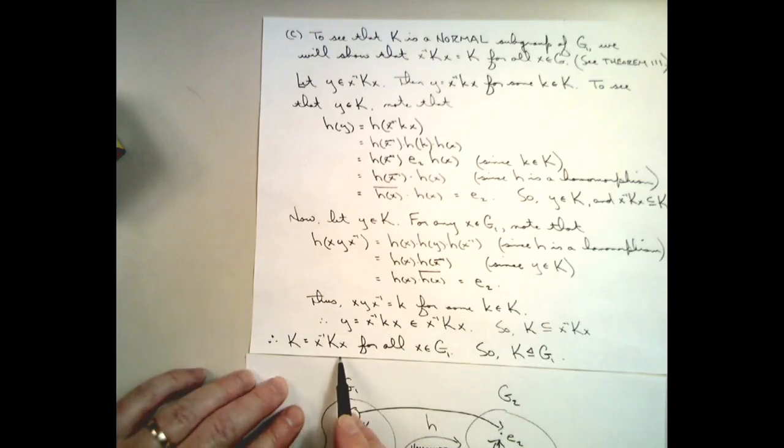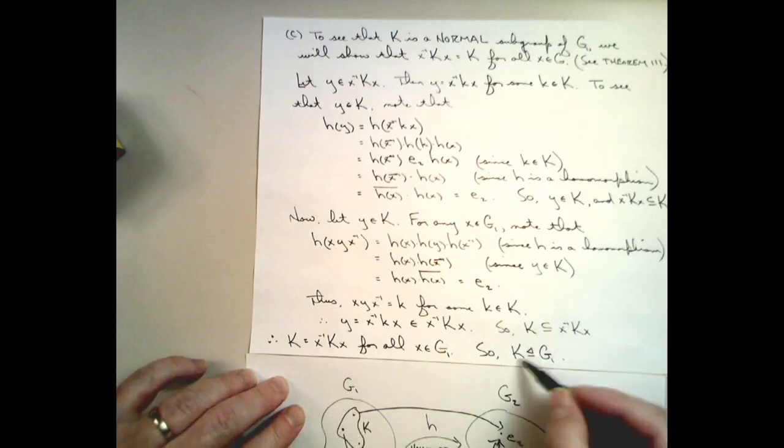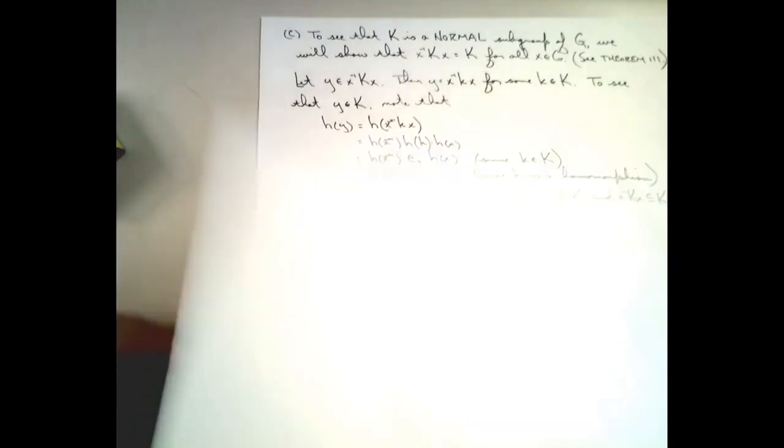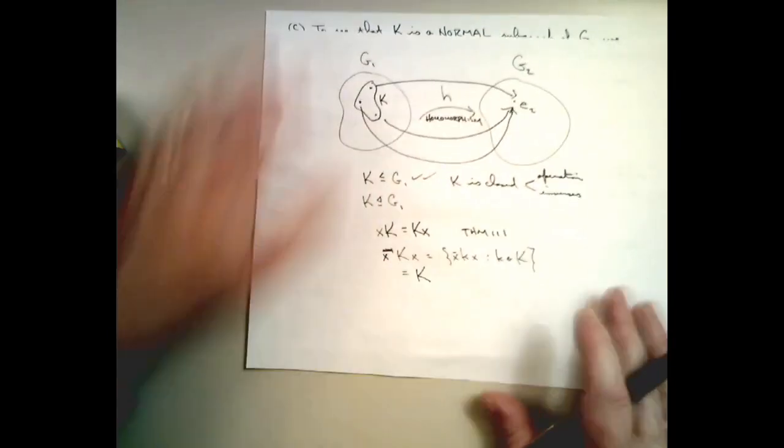So by that characterization of normality that we had in Theorem 111, what we have now is that K is a normal subgroup of G1. And that gives us exactly what we needed, right? That's what we set out to show.